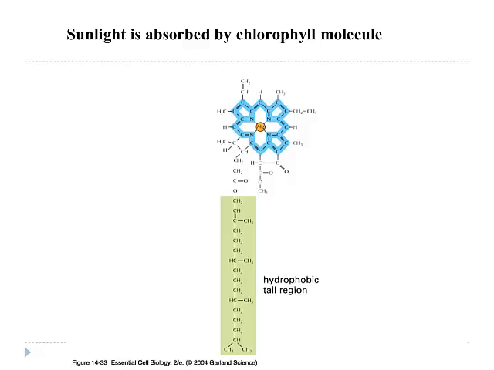And then each of these chlorophylls within the chloroplast has a metal ion surrounded by a heme group.